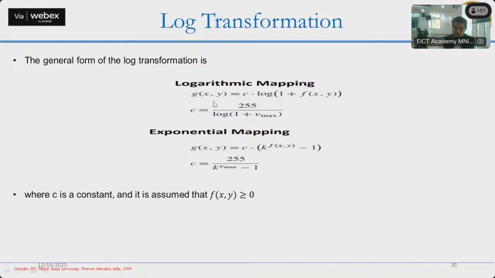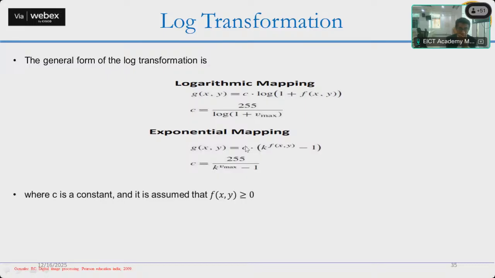That is g(x,y) = c log(1 + f(x,y)). What is c here? c is 255 upon log(1 + v max).